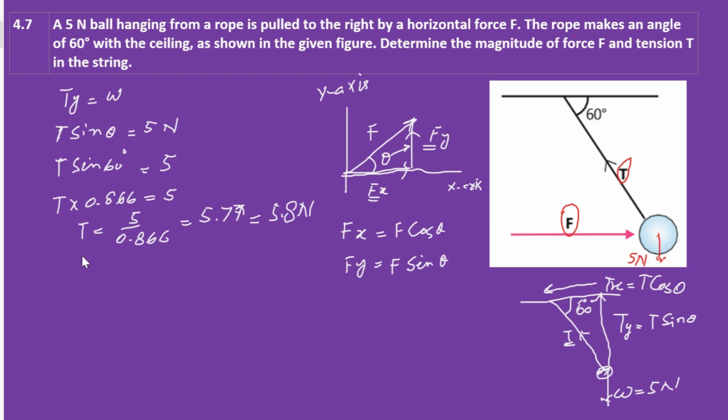So the tension in the string T is equal to 5.8 Newton.